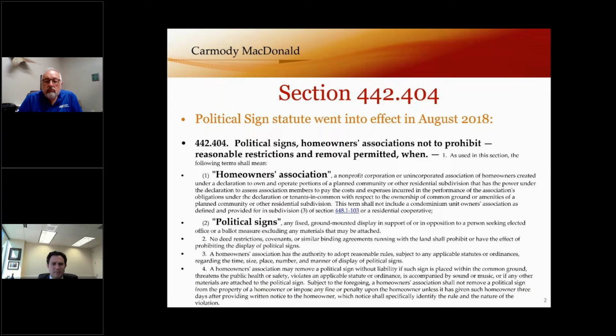The next part, number 4 in this statute, talks about your ability, as the board, to remove a political sign if it's in the common ground or otherwise threatens public health or safety, violates a statute or ordinance, or is accompanied by sound or music, or if there are materials attached. So you can remove it if it violates in those areas.